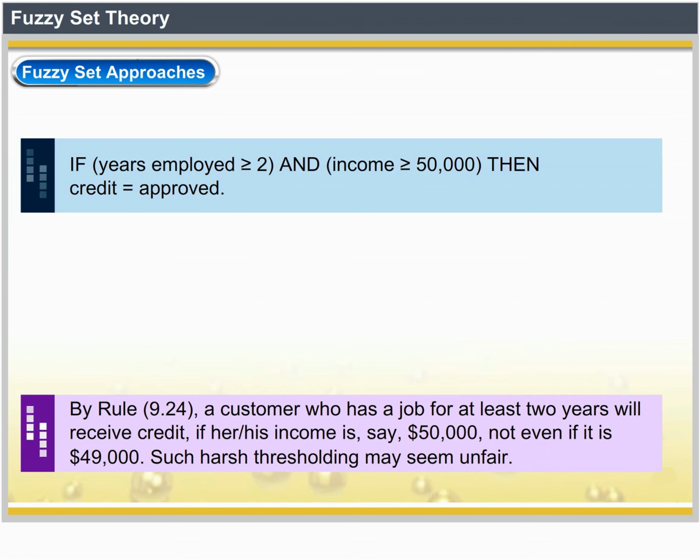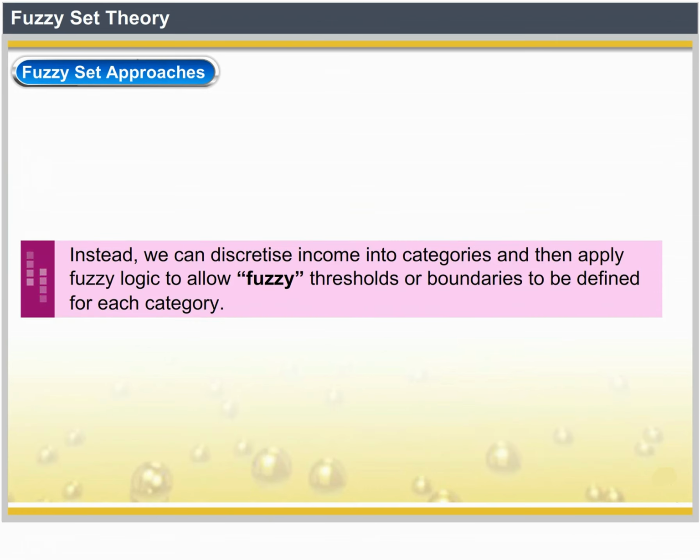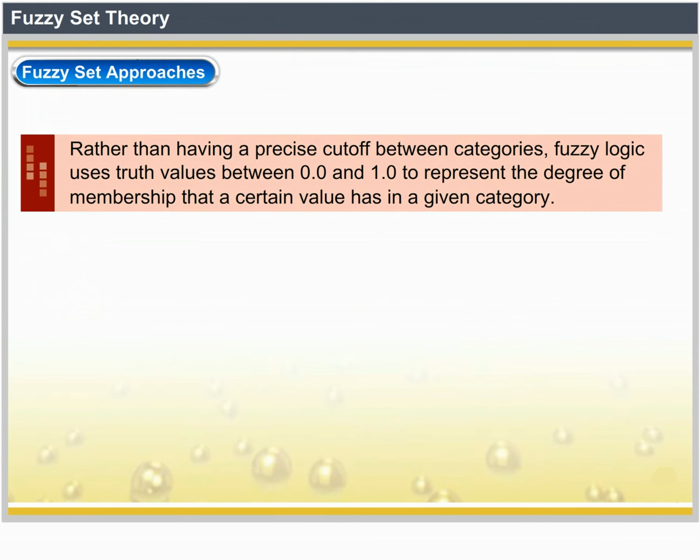Instead, we can discretize income into categories and then apply fuzzy logic to allow fuzzy thresholds or boundaries to be defined for each category. Rather than having a precise cutoff between categories, fuzzy logic uses truth values between 0.0 and 1.0 to represent the degree of membership that a certain value has in a given category.